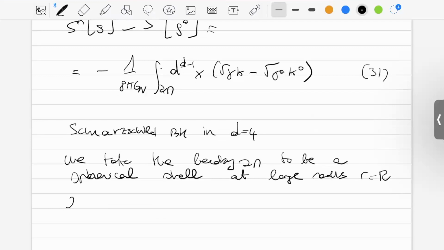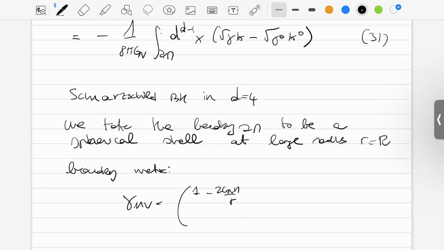Now, what is the boundary metric for that? Gamma mu nu is the induced metric, so the metric on the boundary. The first component is just 1 minus 2GM divided by r, because we are in the Schwarzschild solution. Then we have the angular part, so r squared and then r squared sine squared theta, and then it's diagonal.